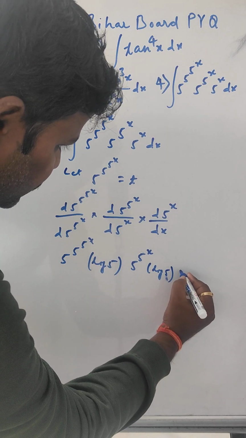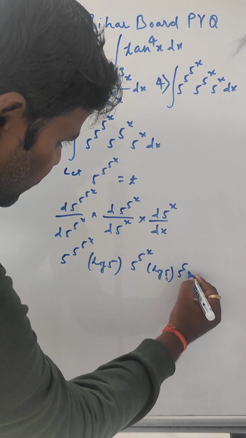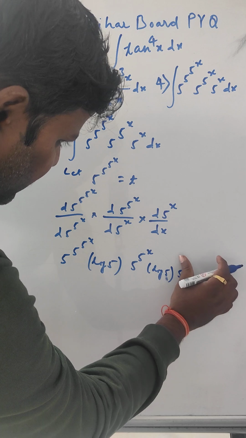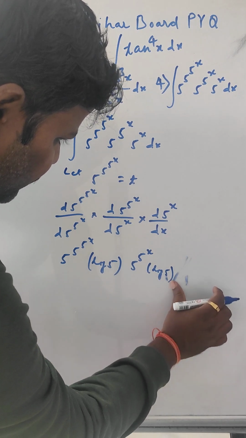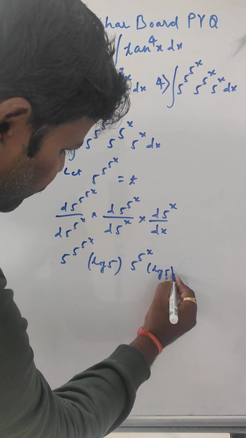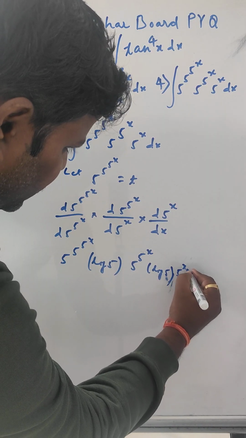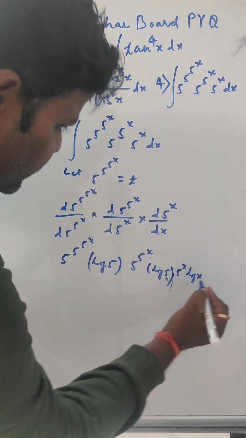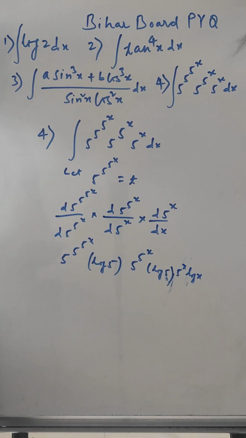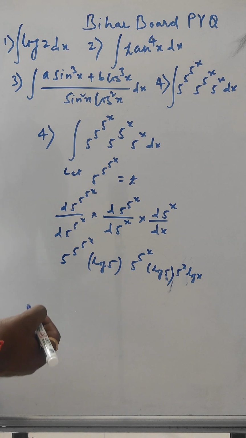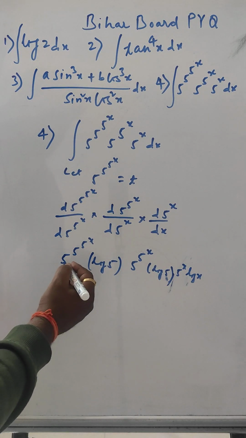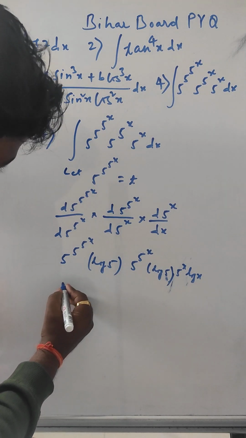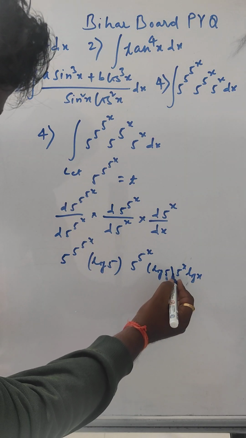And similarly here also 5 to the power 5 to the power x, here we will get 5 to the power x log 5. Correct? This much we will get. Now what do we have now? So this is what we got.